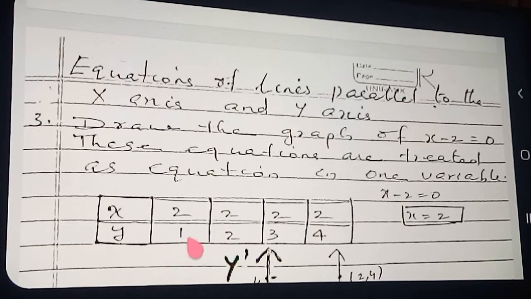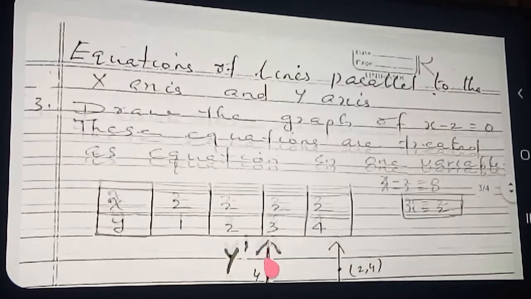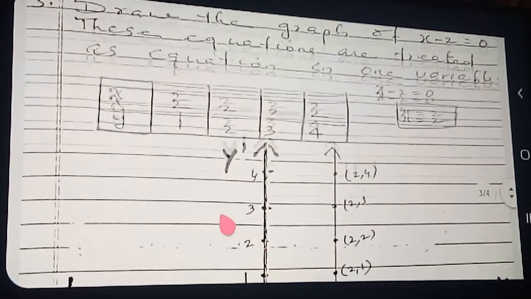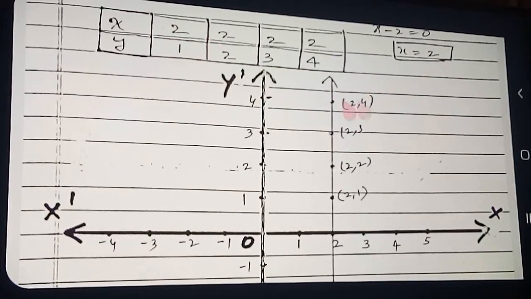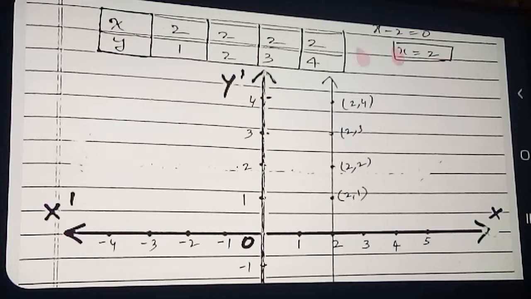For making ordered pairs, I have given the values of y as 1, 2, 3, 4, but you can give any value. Have you understood how the column was made? X is equal to 2 everywhere, and y is any value you give.